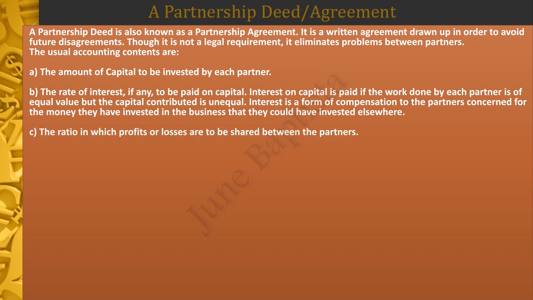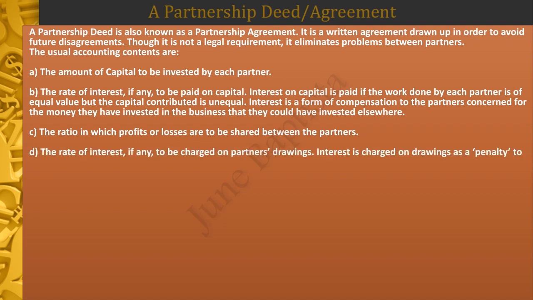C. The ratio in which profits or losses are to be shared between the partners. D. The rate of interest, if any, to be charged on partners' drawings. Interest is charged on drawings as a penalty to deter partners from making excessive drawings.